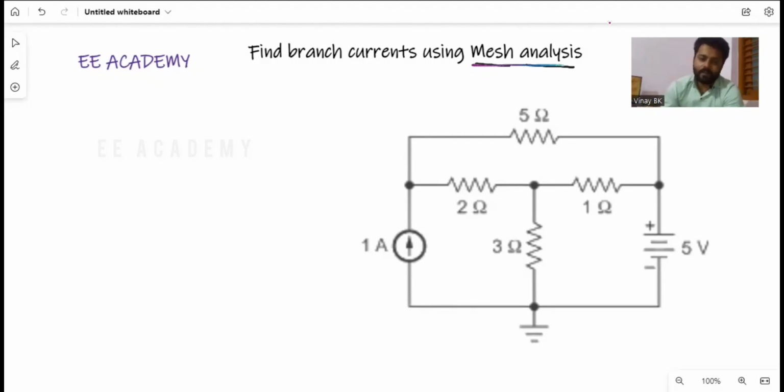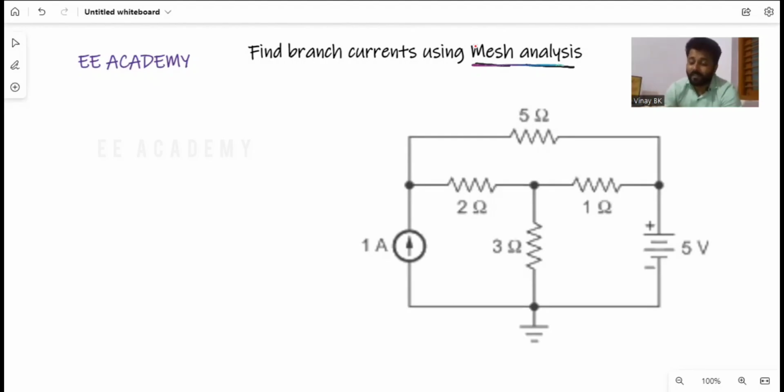Okay. So now consider this problem. What they ask is to find all the branch currents. You need to find all the branch currents with the help of super mesh analysis because there is a current source. Steps are very simple.